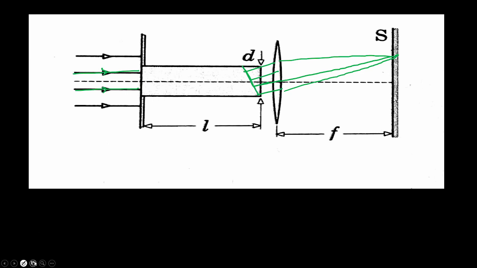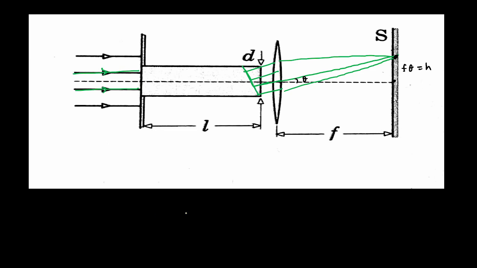Now you know that this particular angle that it makes with the horizontal is theta. Since this is theta, the height where the image is formed is f times theta.